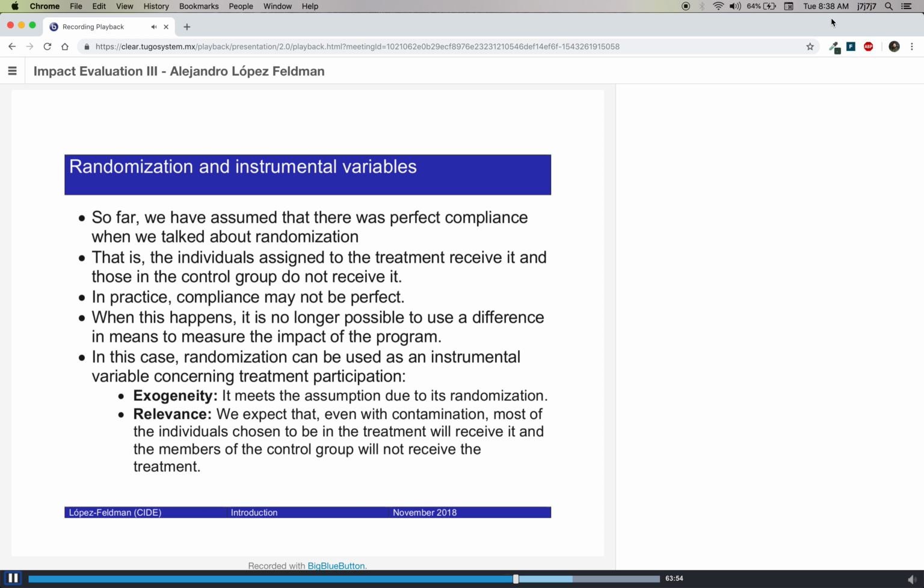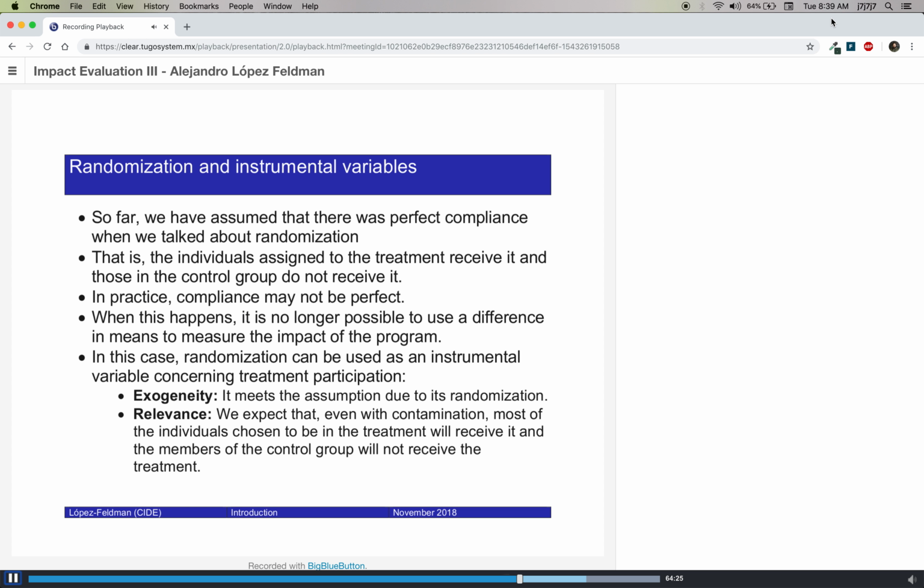So in reality, this is something very, very complicated because many times fulfillment is not perfect. And what does this mean? Well, for instance, imagine that you were conducting a random program. You made sure that you had a sample size, but when you are implementing this program, you start realizing that there are some individuals in the control group that start receiving the treatment, or maybe otherwise.